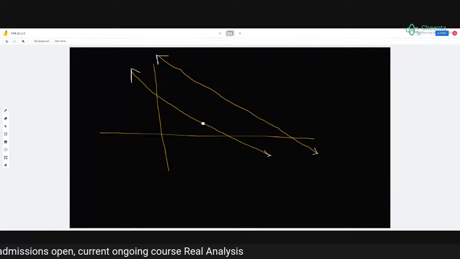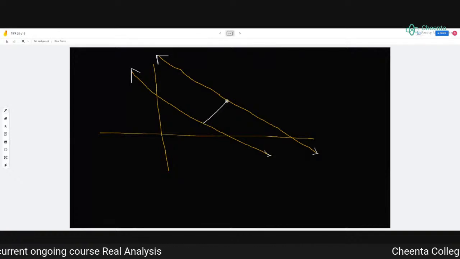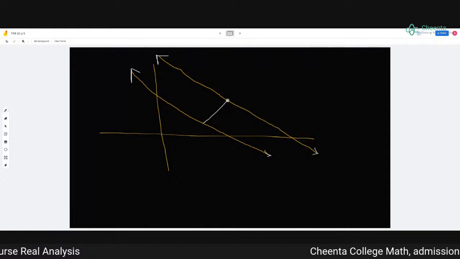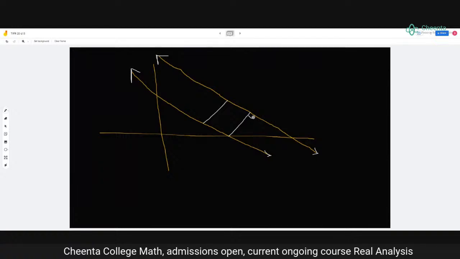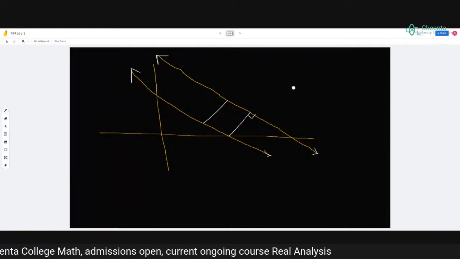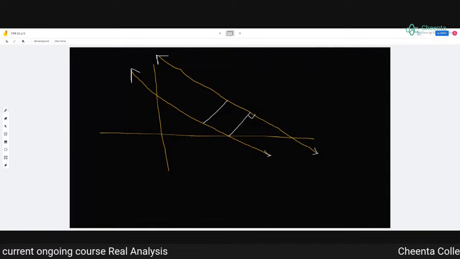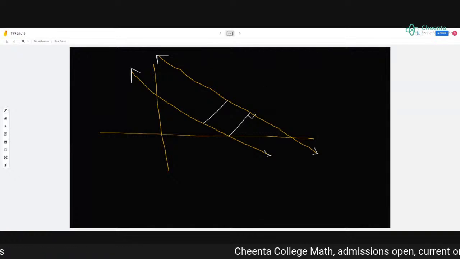Thus the perpendicular distance between them is strictly greater than 1 wherever I take this perpendicular. All right.